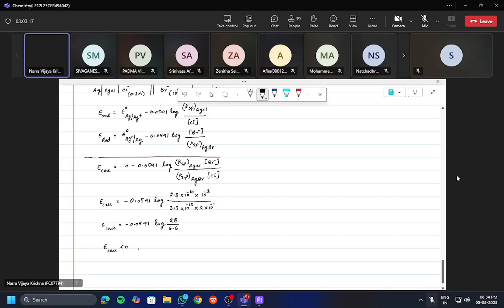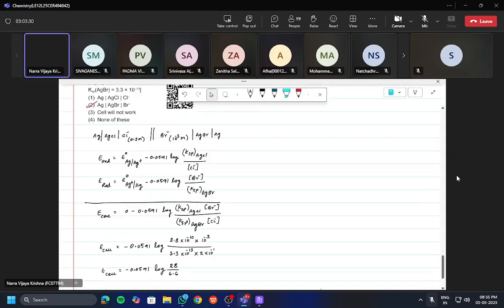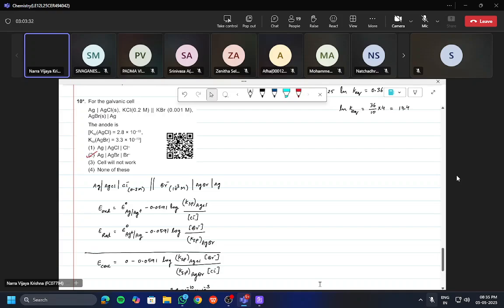If E of cell is less than 0, what is delta G? Non-spontaneous. If this cell is non-spontaneous, then its reverse is spontaneous, which should be taken as anode. So the answer is option 2.